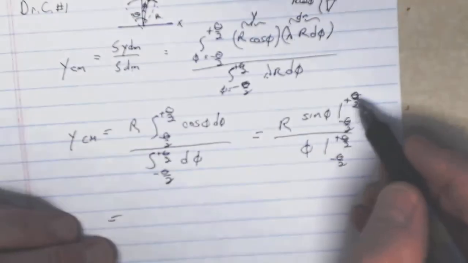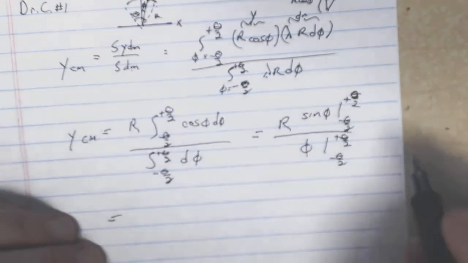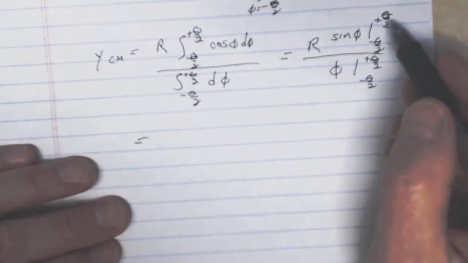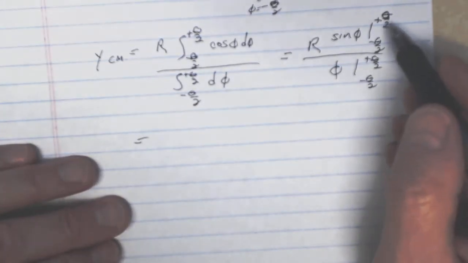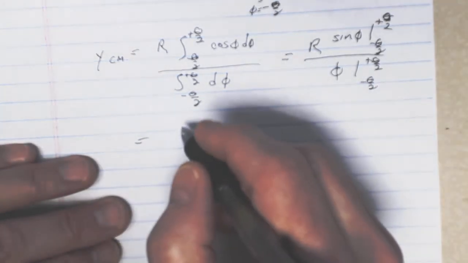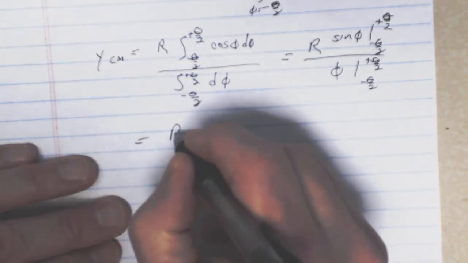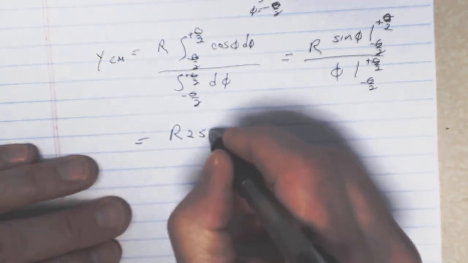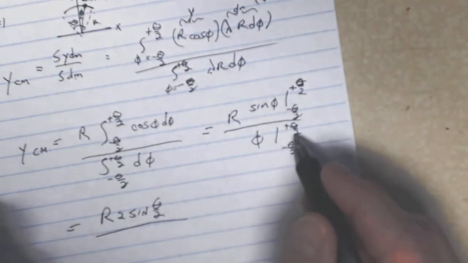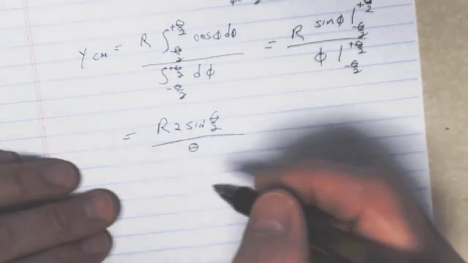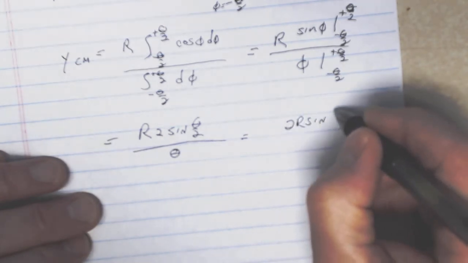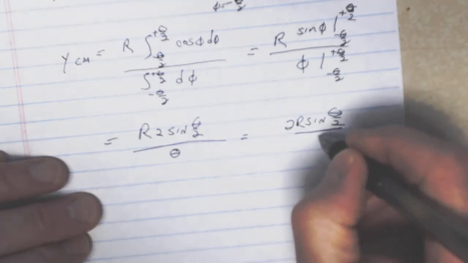Plug these in, so that's sine of plus theta over 2 minus sine of negative theta over 2, but since the sine of plus theta equals minus the sine of minus theta, that's just equal to 2 times the sine of theta over 2. And if you plug in these limits in the denominator, you'll just have theta. And that's the answer. Let me rewrite it this way and circle it: 2r sine theta over 2 divided by theta.